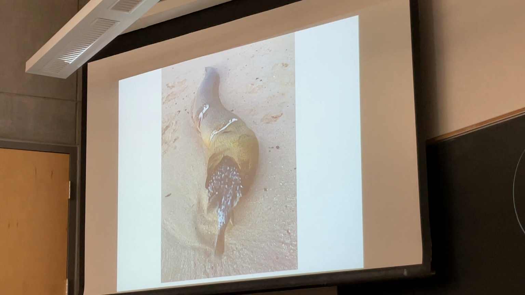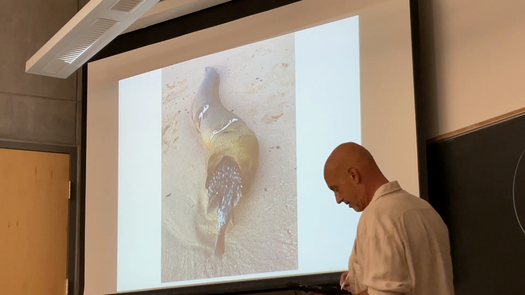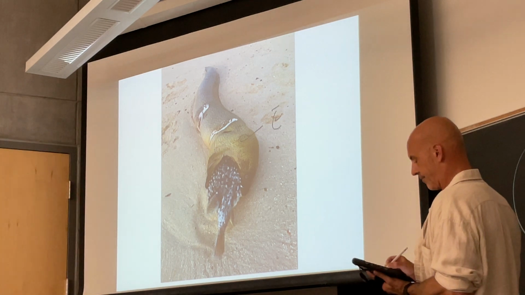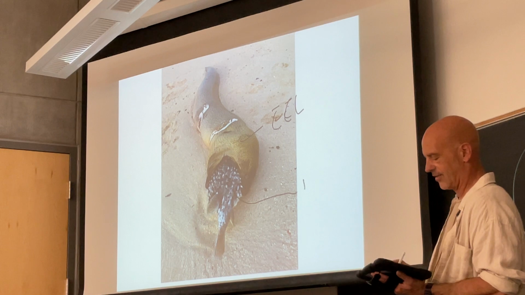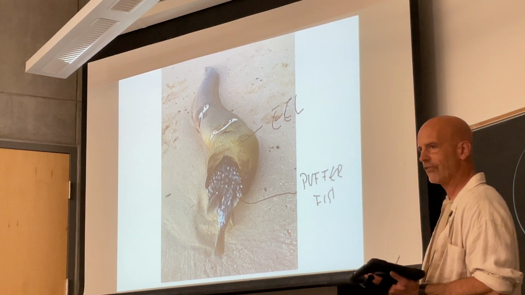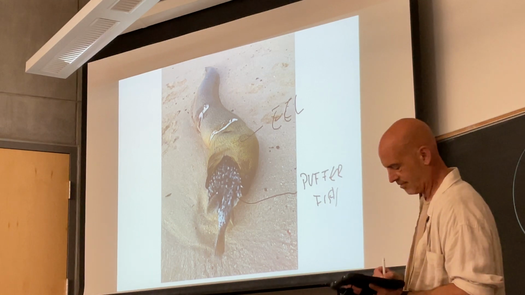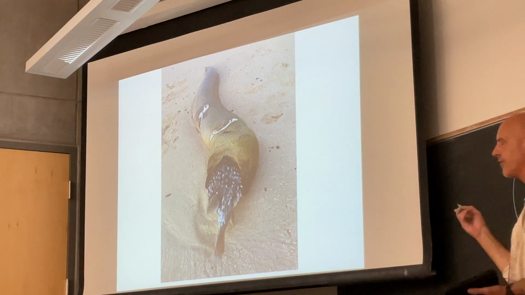Right? So here, anybody know what that is? It's a moray eel. Anybody know what this is? A blowfish. Anybody ever eat these? People eat these, but they don't eat them like that. So what happens?